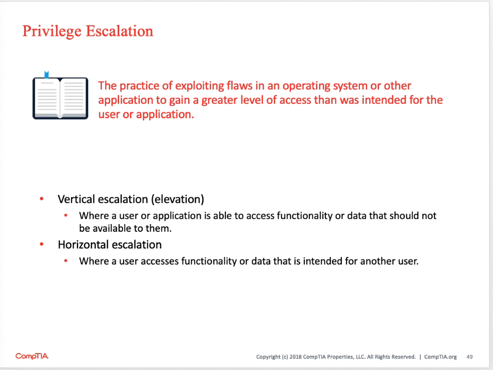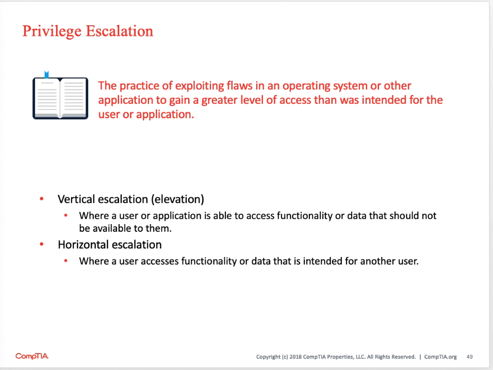And then we have horizontal escalation. This is where somebody gets the user access and functionality that was actually intended for another user. So maybe one user can access another user's bank account, right? But they're still on the same level. We're both at the level where we can access our bank accounts, right?